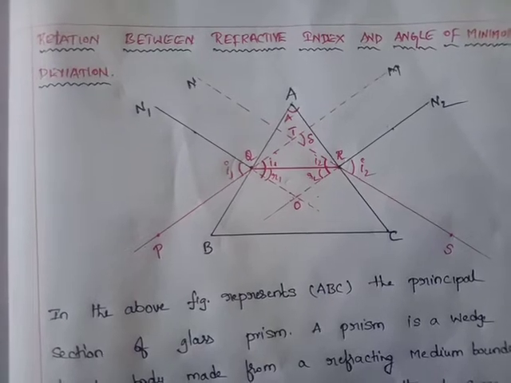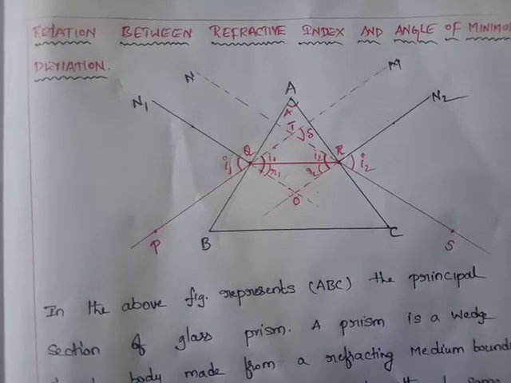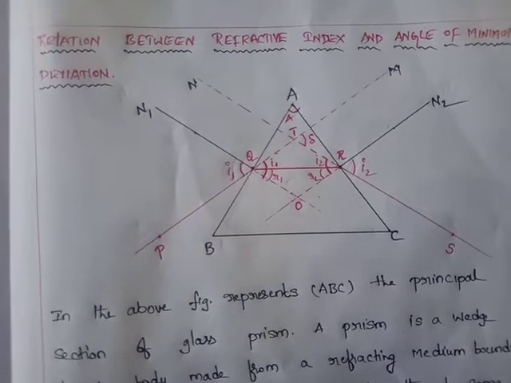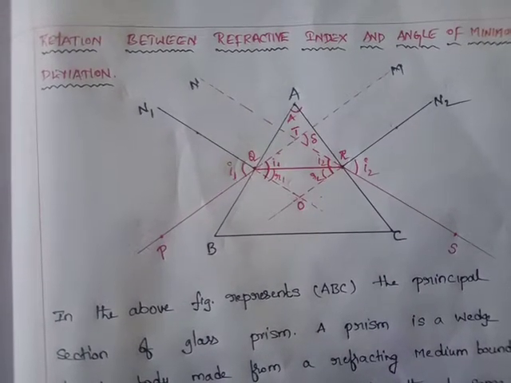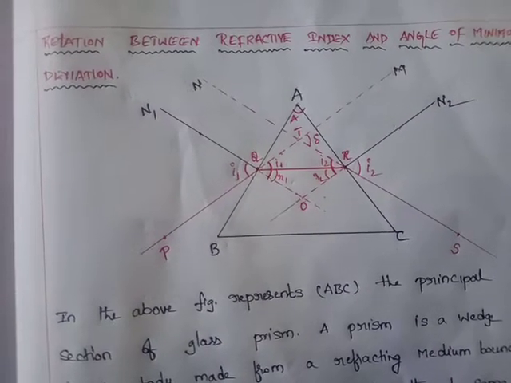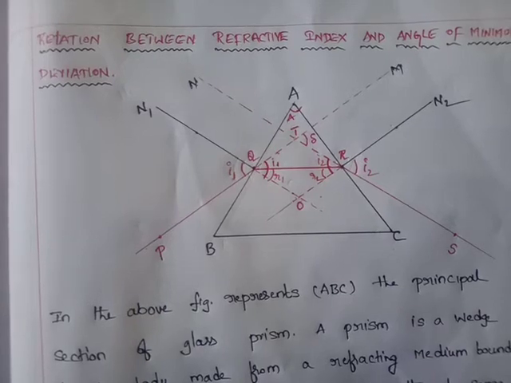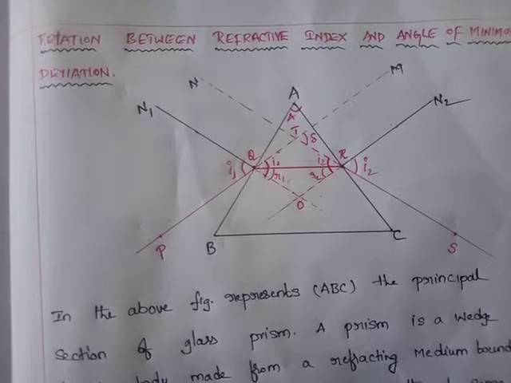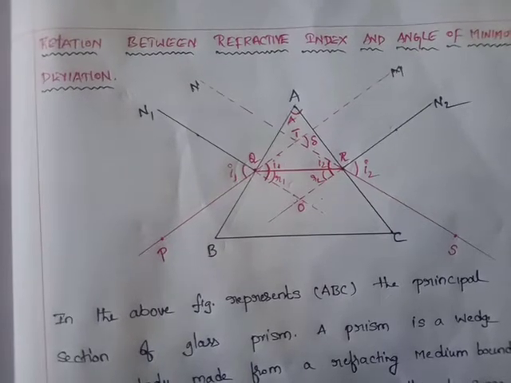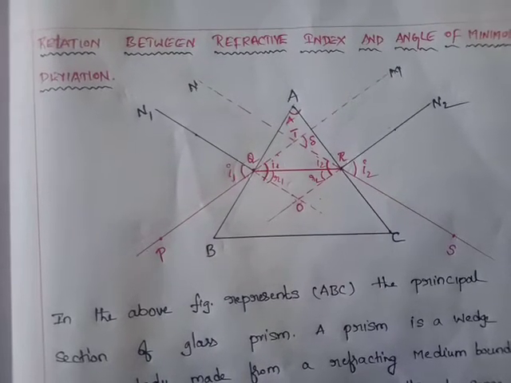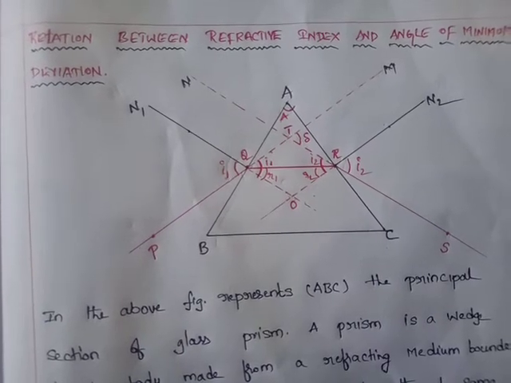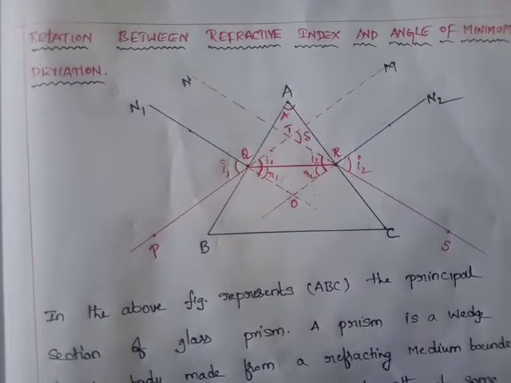Now, at the refracting surface AC, at R, angle TRO is I2. When the normals are extended, N1 to O and N2 to O, the refracting angle at Q is R1 and the refracting angle at R is R2, at faces AB and AC.